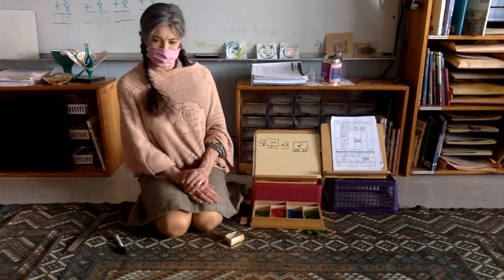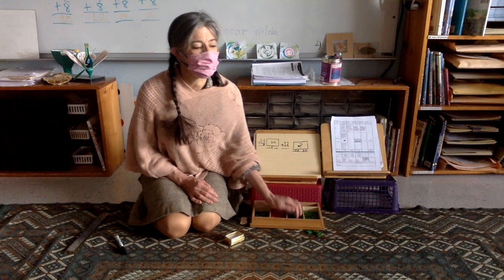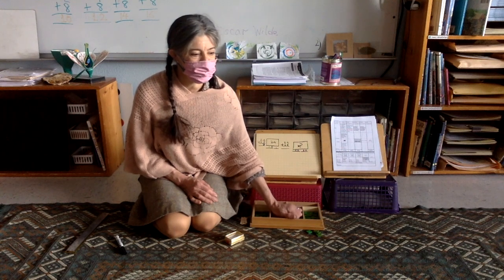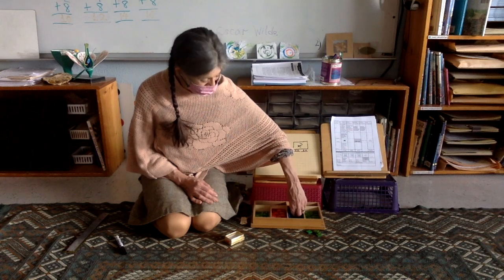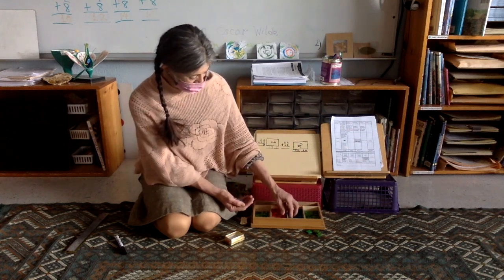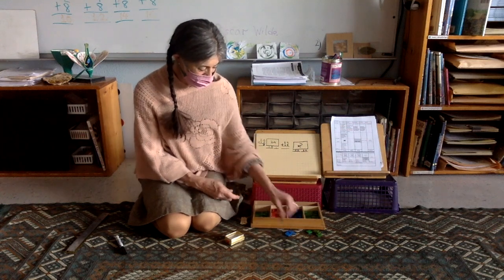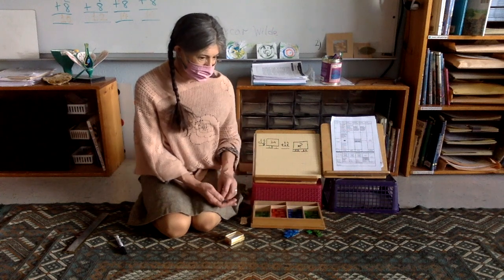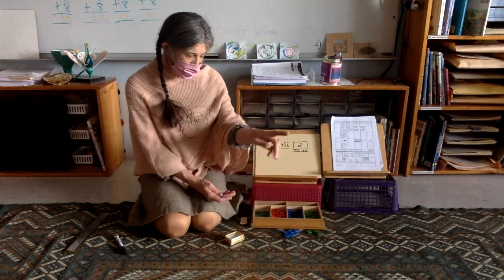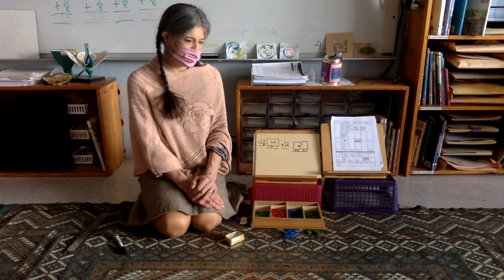Now what? 8, 10. One, 2, 3, 4, 5, 6, 7, 8. JD, can you get Damien caught up? Just go ahead and make his 4 units and 8 10s. Thank you.